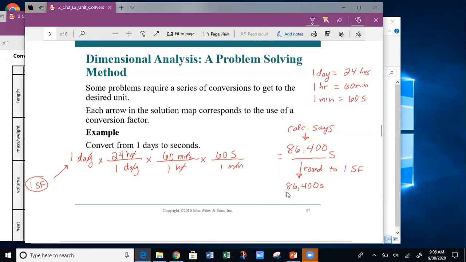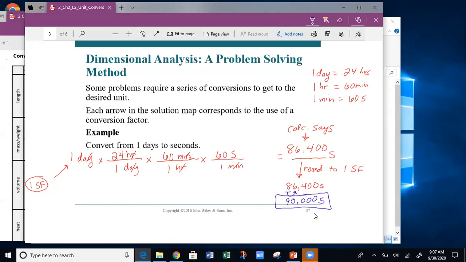If I'm rounding to one significant figure, I'm going to underline the first one that's significant. I'm going to look to the next. This 6 will cause the 8 to turn to a 9, and I will fill the rest with zeros. So my final answer, based on the rules of significant figures, would be expressed as 90,000 seconds.